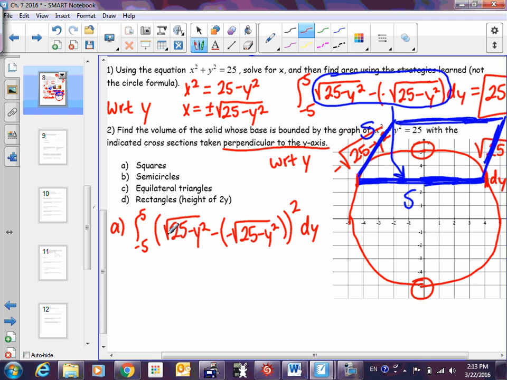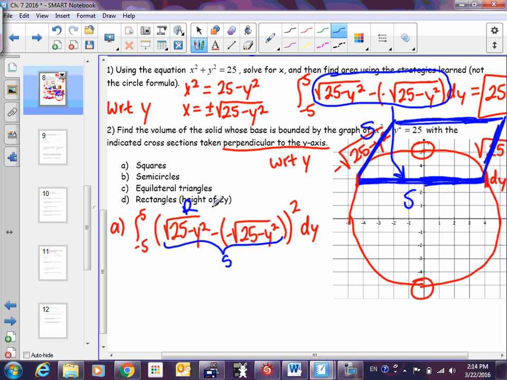All right, so before we type this in, let me just make sure everybody knows why I've written all this down. What does the thing inside the parentheses stand for on this shape? The right side minus the left side is the S. Like this right here, that is the side of the square.